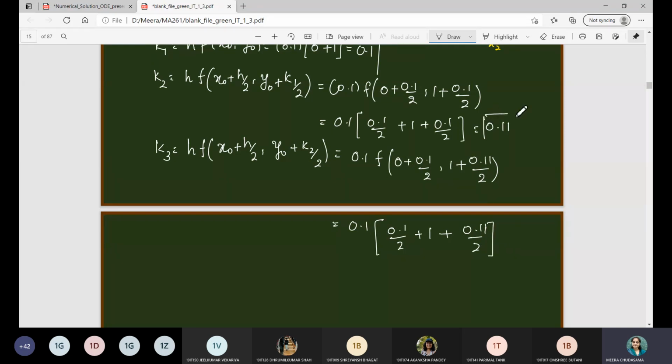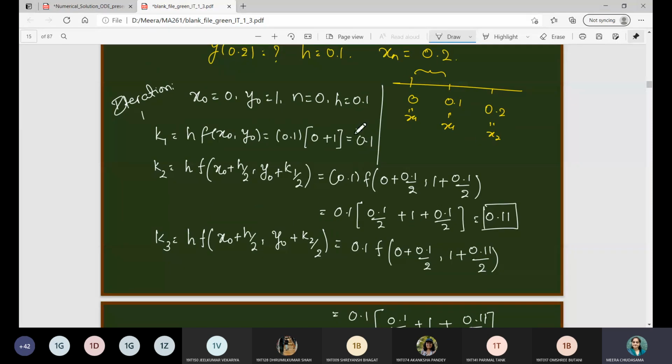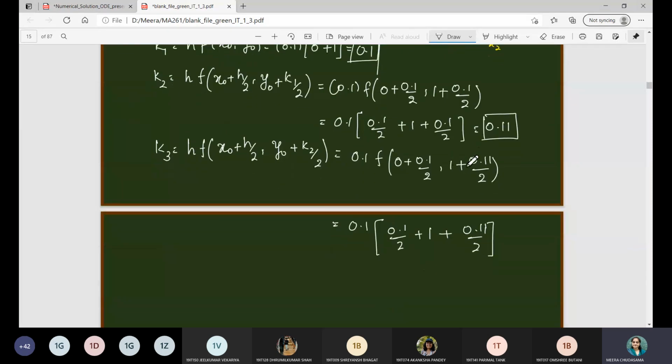What will it be? 0.1105. So this is the value of K3, and now K4. Remember, while considering K4, x0 plus h, no fraction is involved in this case.